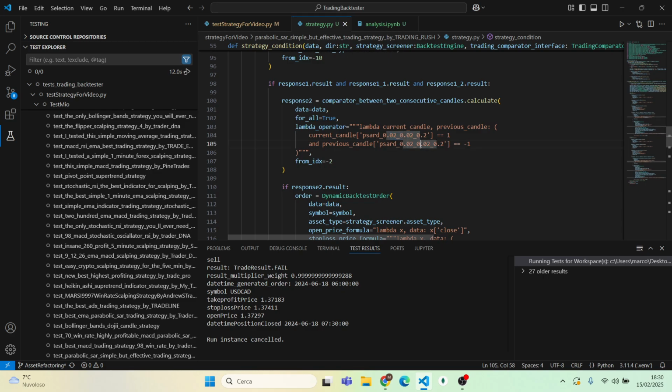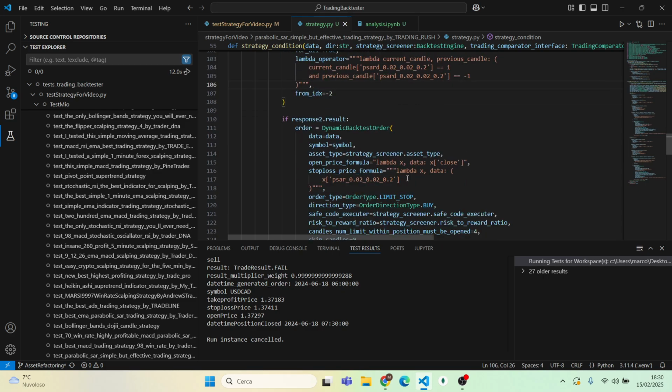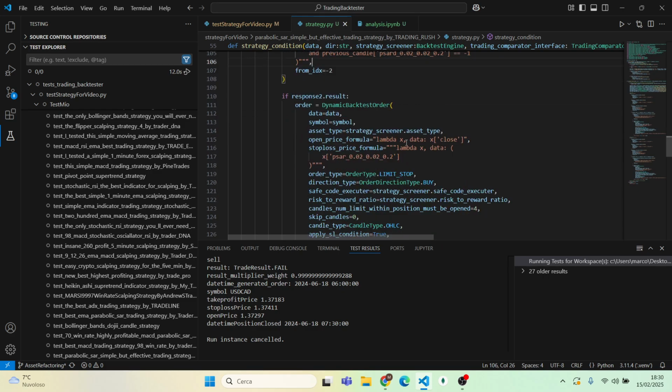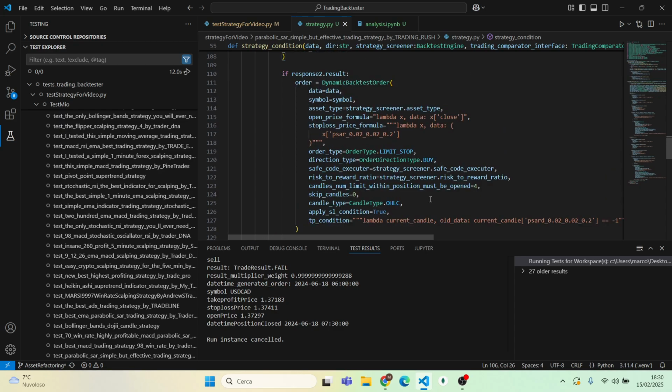Here the condition parabolic SAR. So 1 stands for up and -1 stands for down, so below the data. Here we can see the dynamic backtest order I created with all the formula.